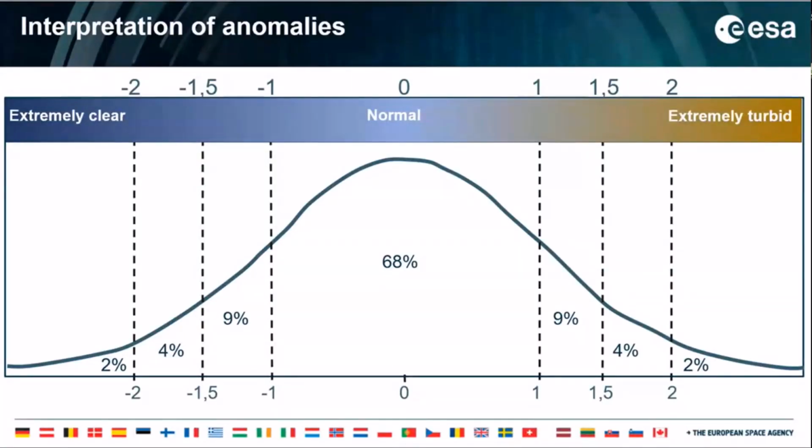And if you remember, plus minus one standard deviation gives you about 68% of the data between plus minus standard deviation. But because you converted the spectral indices to standardized anomalies, now plus minus 1, because standardized anomalies have a standard deviation of value 1, it makes it very easy.